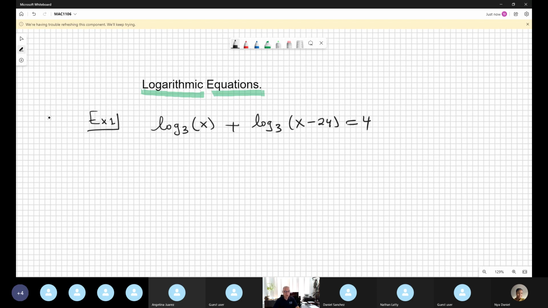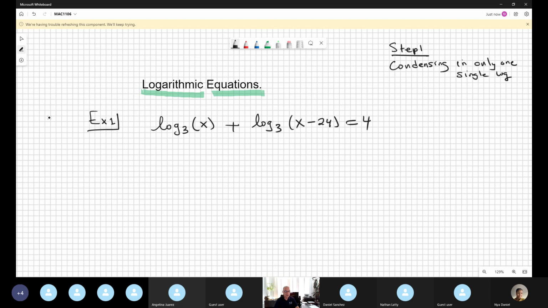Okay, so the procedure is always the same. Keep in mind, step 1 is always condensing. Condensing several logarithms. In this case, you have only 2, and you condense into only one single log.